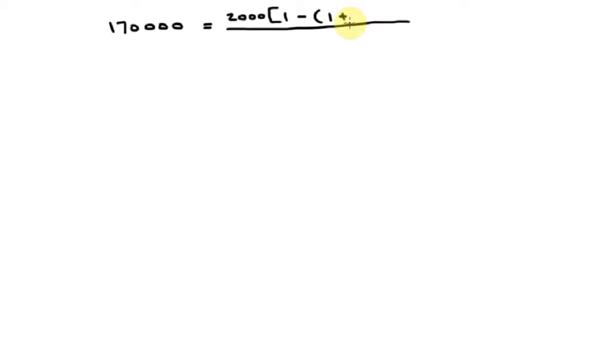It's 3%, so 0.03, but I've got to divide that by 12 because it's compounded monthly, and that's raised to the negative n. That's the stuff on the top. And then on the bottom, I've got my tweaked interest rate, 0.03 divided by 12. So this is the mess that I'm going to have to try to solve.